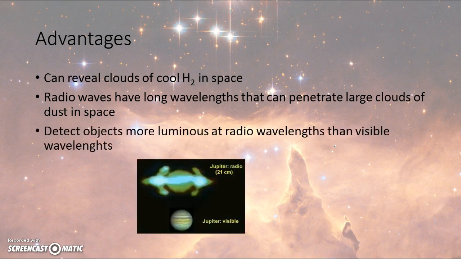Another advantage is that they can detect objects that are more luminous at radio wavelengths than they are at visible wavelengths. So here's an example of Jupiter. This is what we see when we look at Jupiter here on the bottom. That's what we see normally. But this picture up here was taken on a radio telescope.